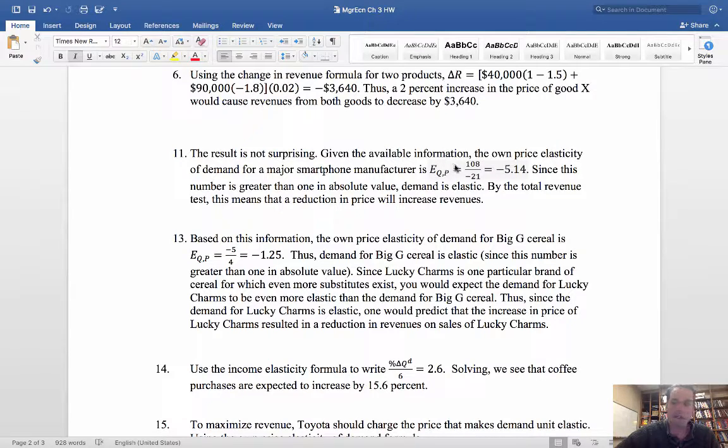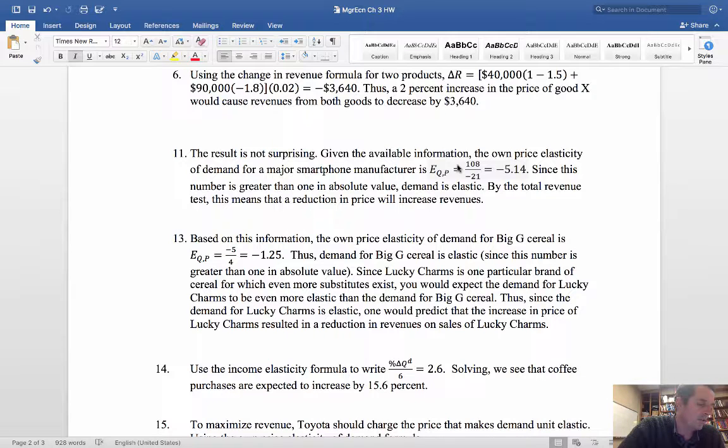So here we're given a couple numbers. The 108 is, so some of this is just language. It doesn't always say percentage change in quantity, but for this question, I think it said something to the effect there's a 108% increase in shipments. Shipments, quantity, okay.